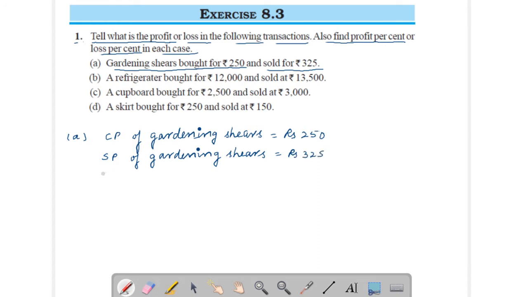Here since SP is greater than CP, therefore there is a profit.